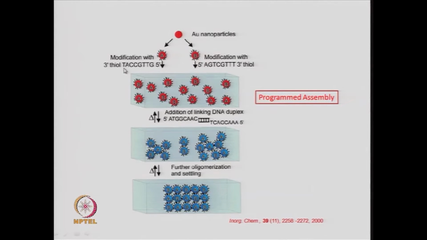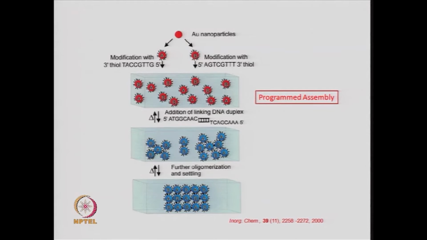So, here T stands for thymine, A stands for adenine, and C stands for cytosine, and G stands for guanine. So, you can make a chain of base pairs like this, and on this side of the thymine you have a thiol group attached.